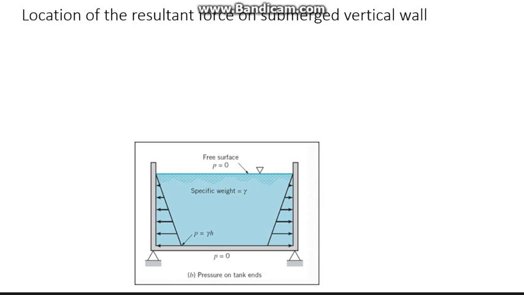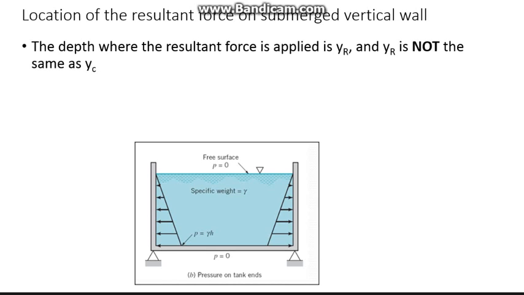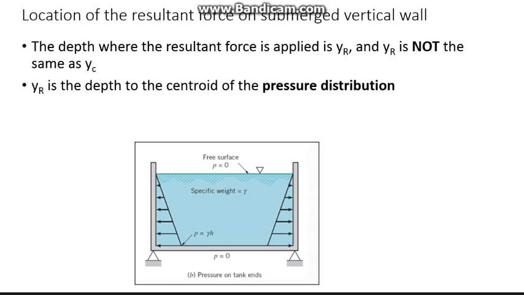So the location is a little more difficult. The location is not the same as the centroid of the wall. Instead, it's controlled by the centroid of the pressure distribution. So the centroid of this pressure triangle is where the resultant force will be.